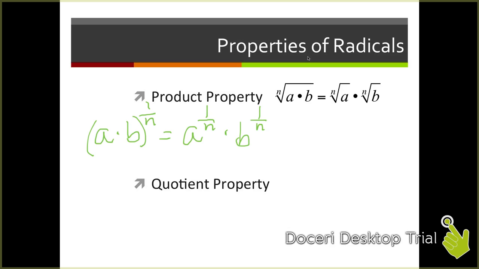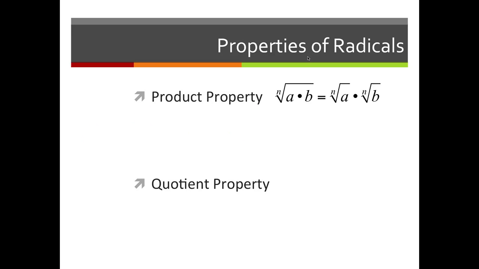We can take the exponent of each factor separately. So the product property in our radicals is really just the radical form of our power of a product property from the exponents.